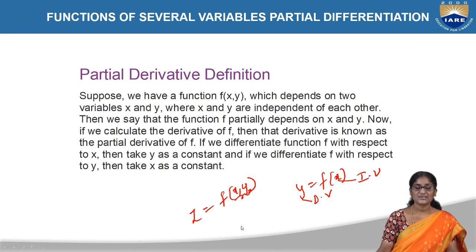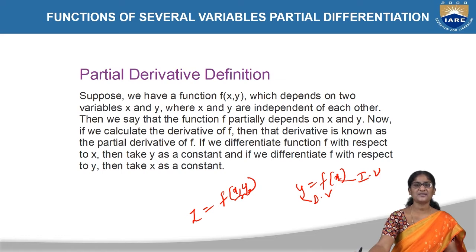By definition, suppose we have a function f of x comma y, which depends on two variables x and y, where x and y are independent of each other. Then we say that the function f partially depends on x and y. If we calculate the derivative of f, that derivative is known as a partial derivative of f.